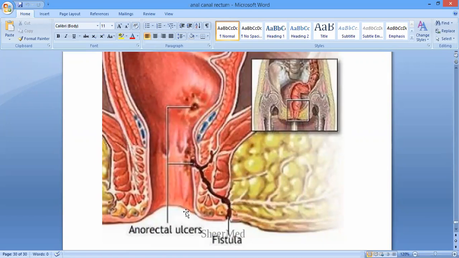You see, this is the anal canal. Instead of coming out from here, the pus is going to make its pathway, eroding this area and the sphincter, and it's going to open by another opening in the skin.